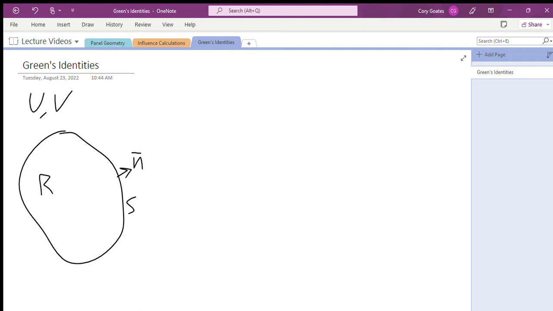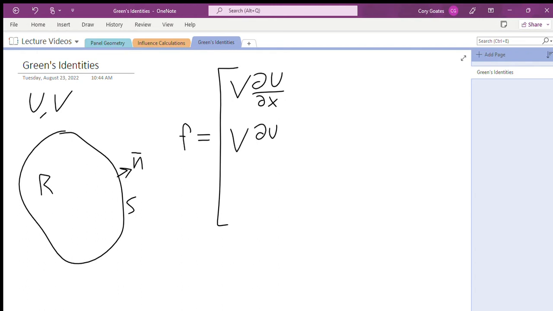Okay, so if we do that, we can define a vector field inside R. We'll call it F, and we're going to define that vector field as v times the spatial derivatives of u: v times partial u partial x, v times partial u partial y, and v times partial u partial z.